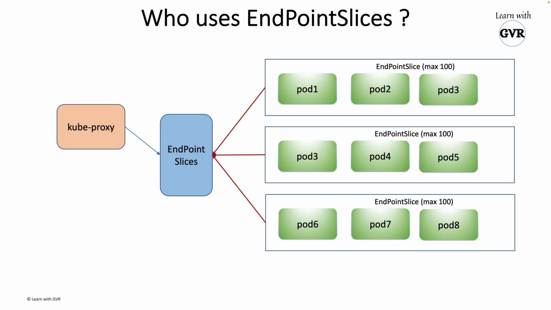If you have one master and one worker, two kube-proxy pods are running, with a daemon set behind the scenes. Another one is the ingress controller. These two refer to the endpoint slice because they are the only resources that take care of the traffic. So these two are the consumers of the endpoint slices.